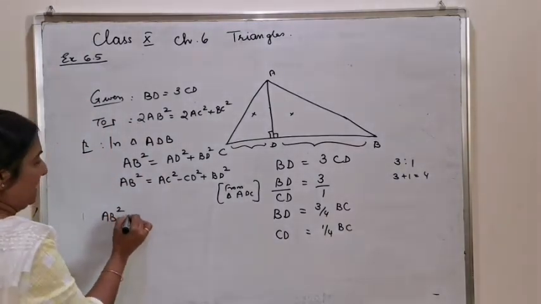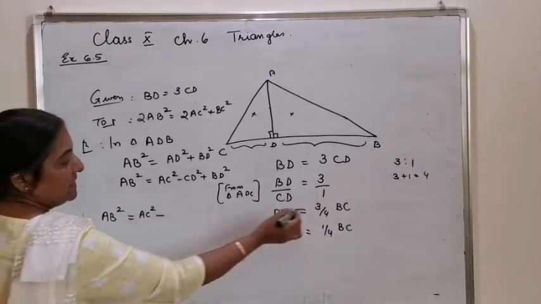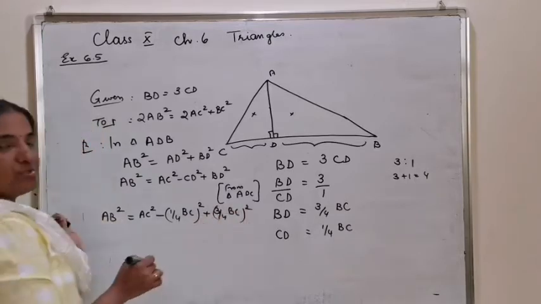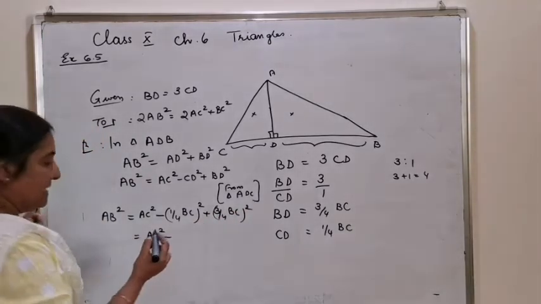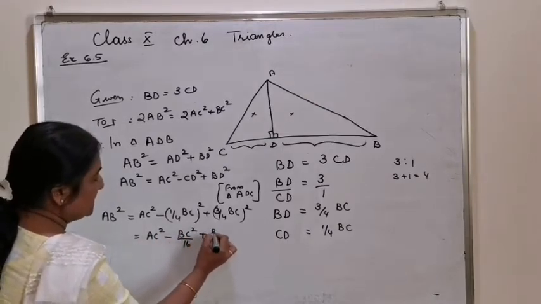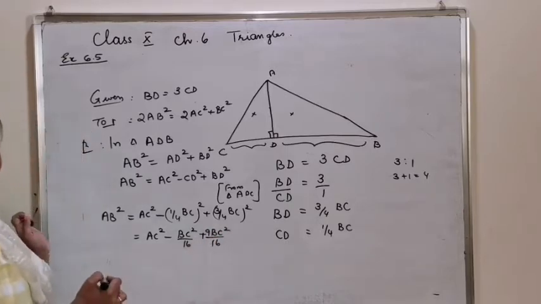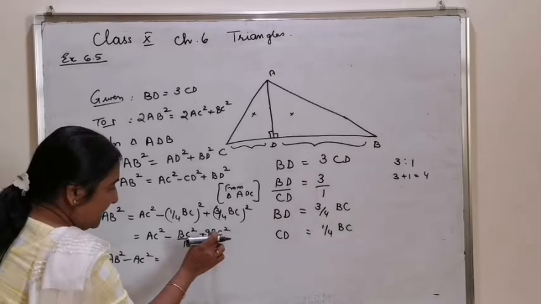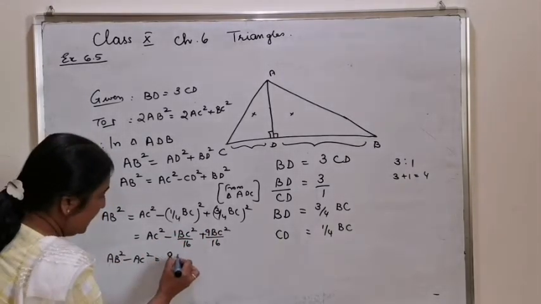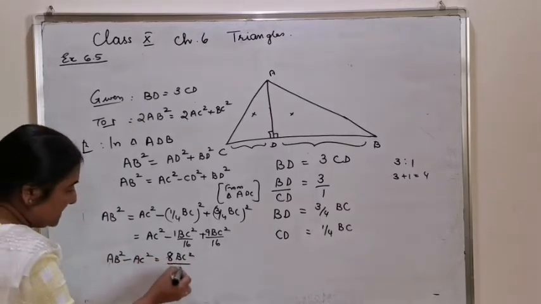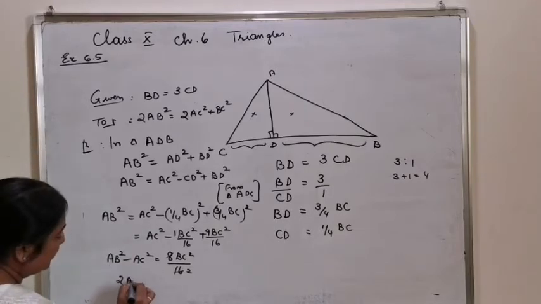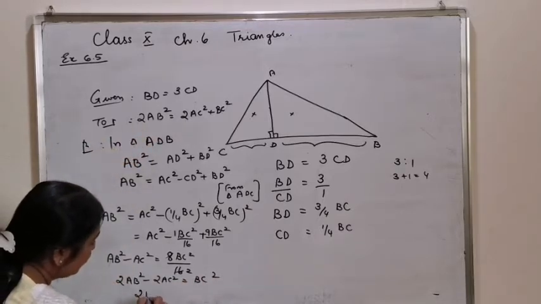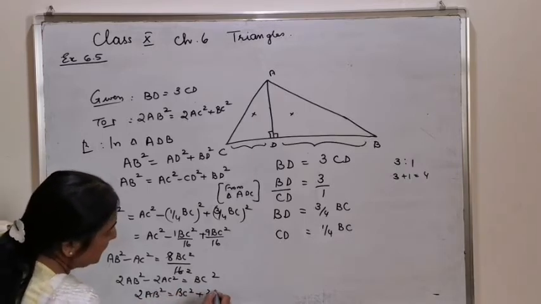That is, AB square is equal to AC square minus CD square, which is 1/4 BC the whole square, plus BD, which is 3/4 BC the whole square, which is equal to AC square minus BC square by 16 plus 9 BC square by 16, or AB square minus AC square can be written as 9 BC square minus 1 BC square is 8 BC square by 16. 8 by 16 is 1/2, or by cross multiplication 2AB square minus 2AC square is equal to BC square, or you can arrange as they wanted as 2AB square is equal to BC square plus 2AC square.